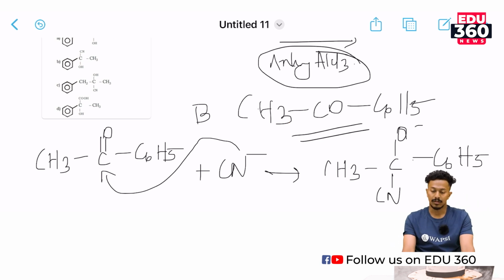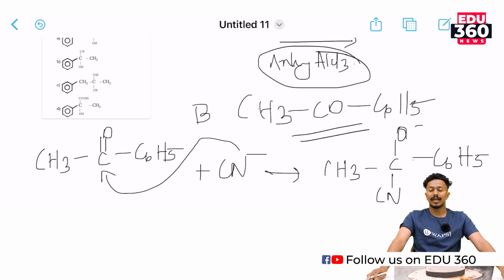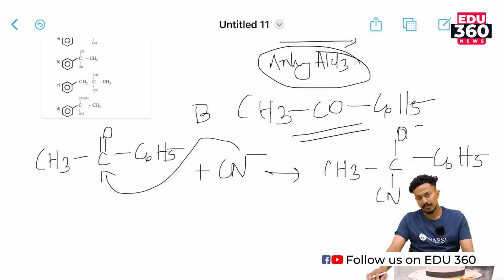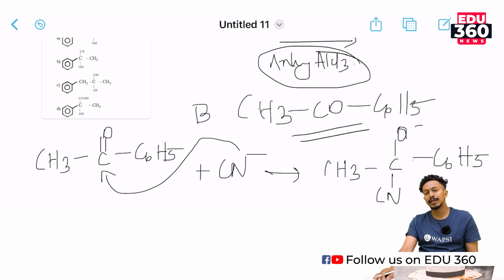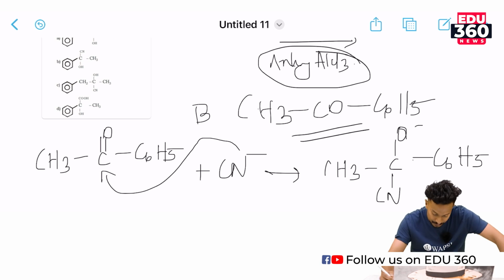Are you familiar with this one? Addition of a cyanide group on the carbonyl group, because the cyanide ion is a nucleophile which attacks the electropositive atom of the carbonyl group, which is the carbon. It does not attack the oxygen because it is electron rich, and we get O minus.